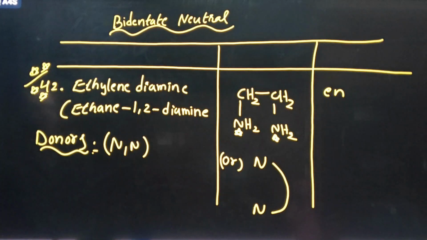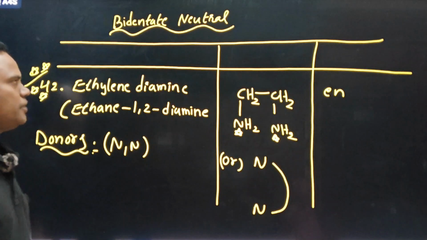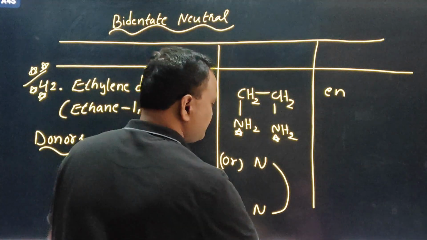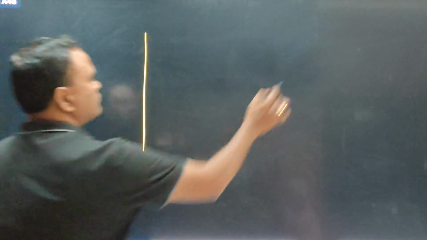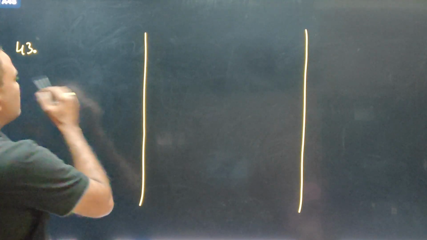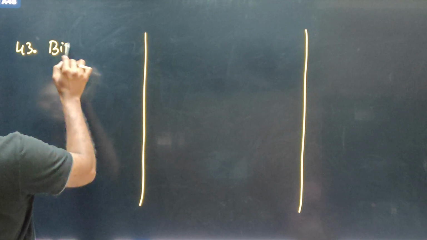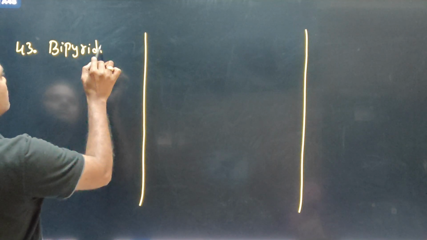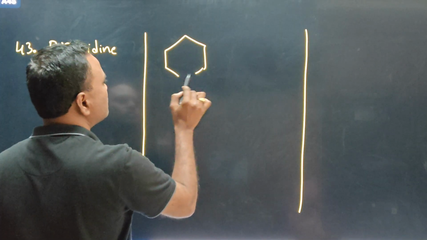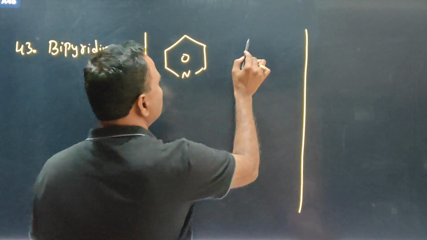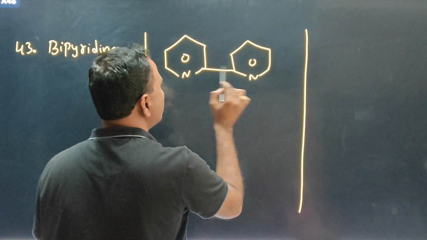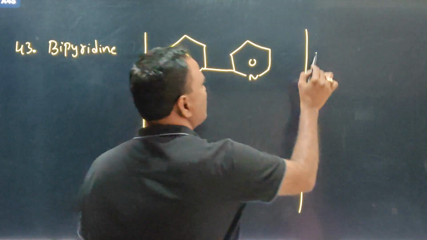Okay. Next, 43. Next bidentate ligand, bipyridine. You know pyridine? This is one pyridine. This is another pyridine. These two join together. This is called bipyridine.